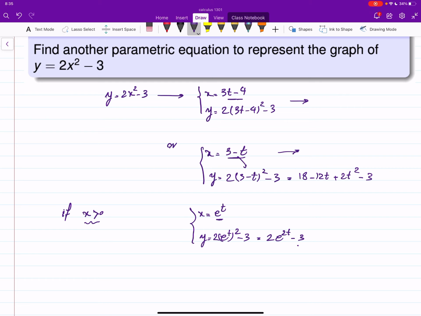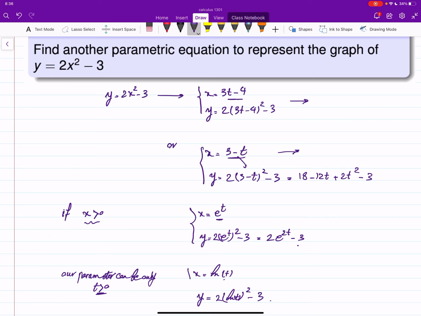Another one is that I can take, for example, x to be ln of t. Here x can be any real number, but our parameter can be only positive t's. Positive t's won't generate any restriction on x, because ln t covers the whole real line. Then y will be 2 (ln t) squared minus 3.